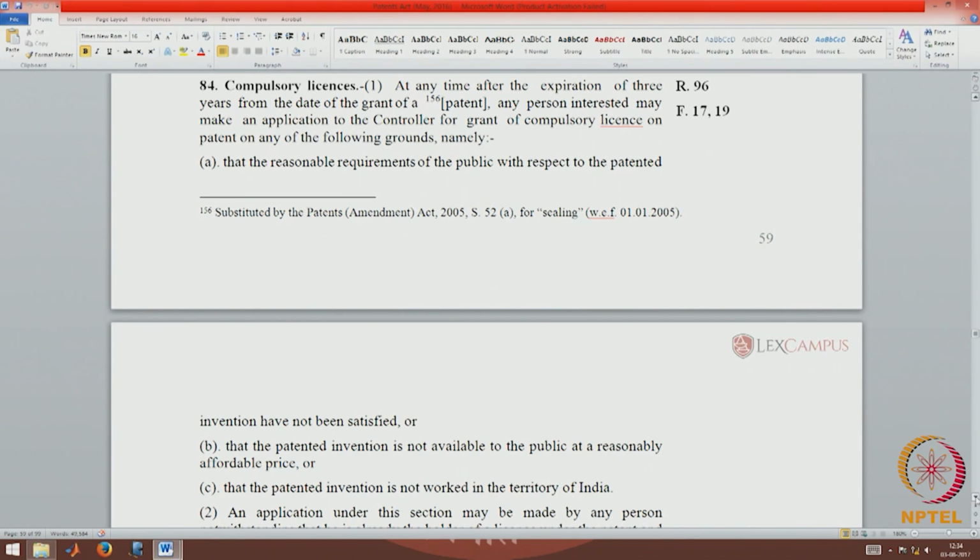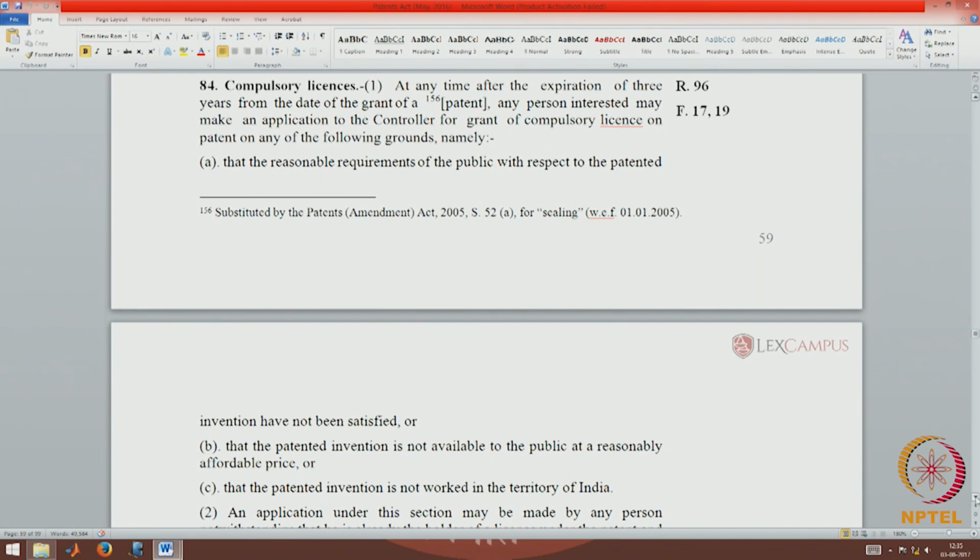C, the patented invention is not worked in the territory of India. It was not locally worked. Now, working, as I said, is tied to certain other provisions of the Act. There is a requirement that statements of working have to be regularly filed before the Patent Office.